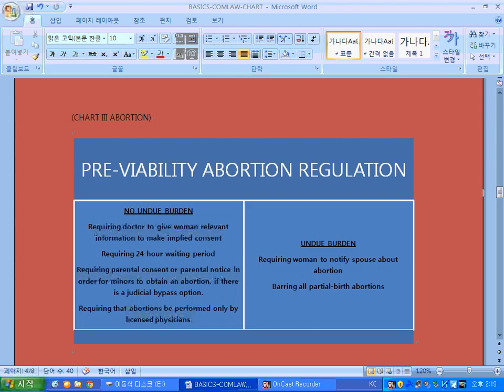And later in 1983, the court exercised a strict review of regulation of abortions, in the case titled Akron versus Akron Center for Reproductive Health, Incorporated.